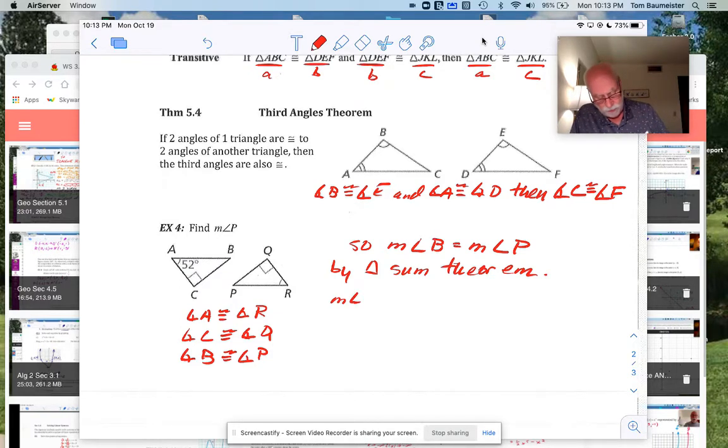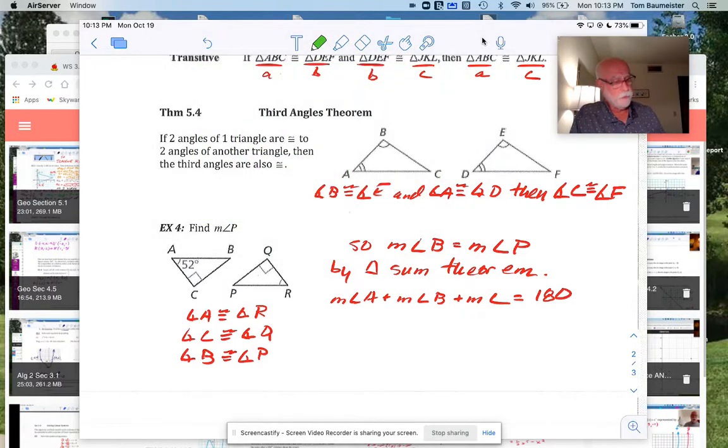So we know that the measure of angle A plus the measure of angle B plus the measure of angle C is equal to 180 degrees.